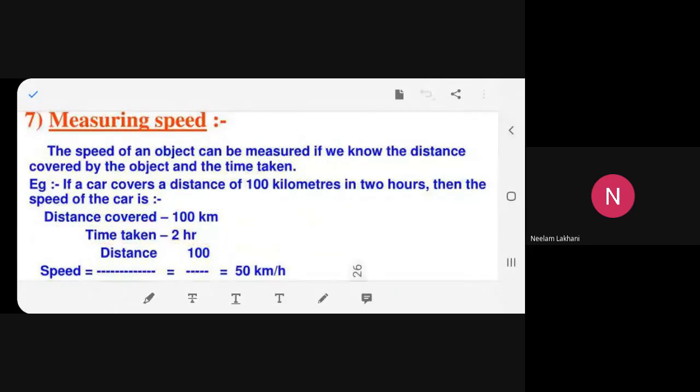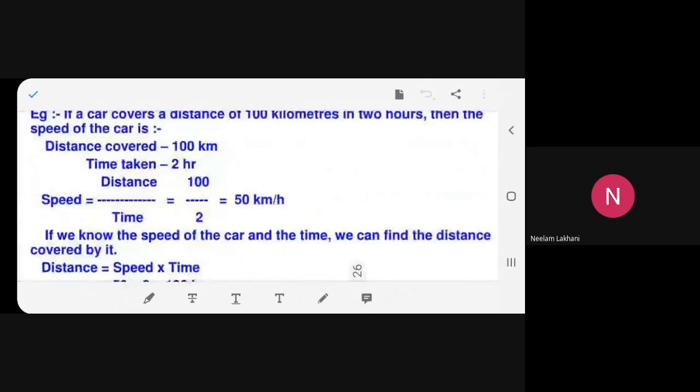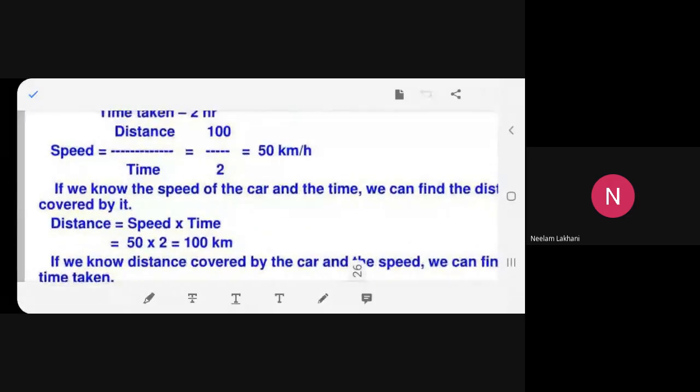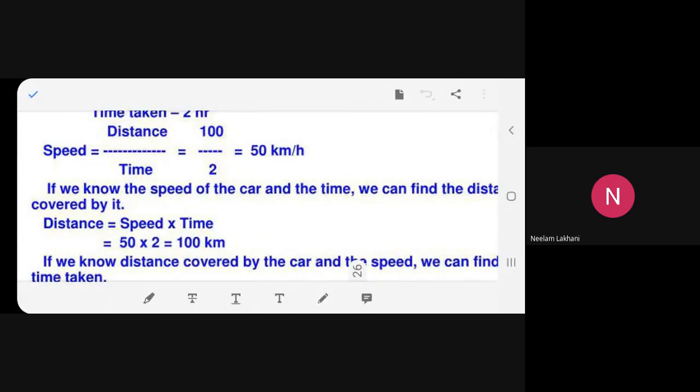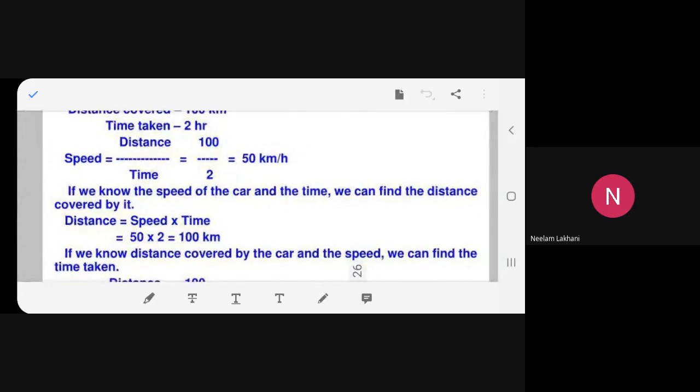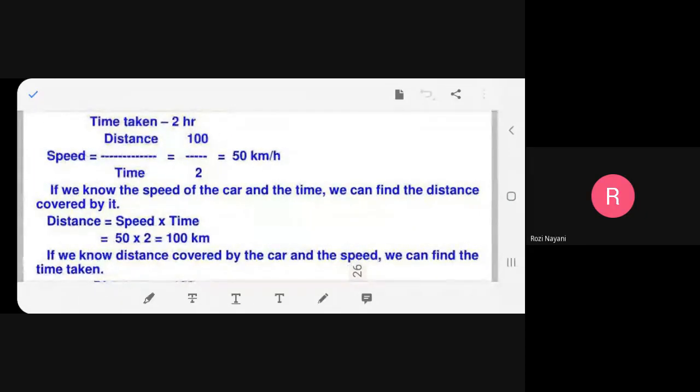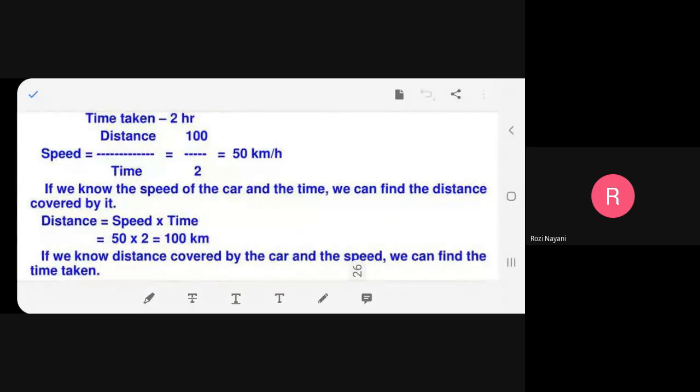Now what is the formula of speed? Speed is distance upon time. Exactly. The formula of speed is distance upon time. So what we have to do is put the values of distance and time.